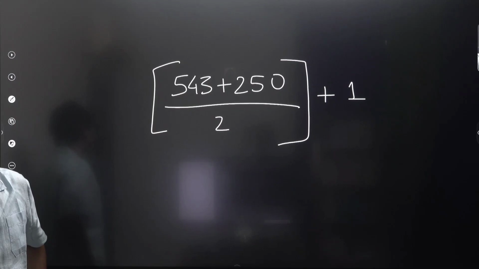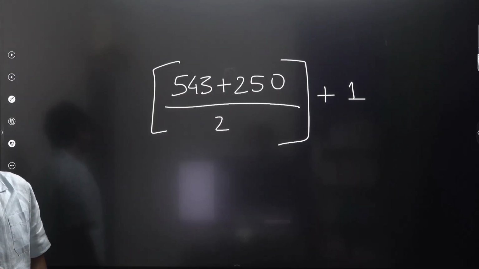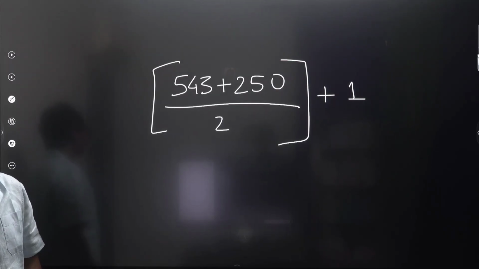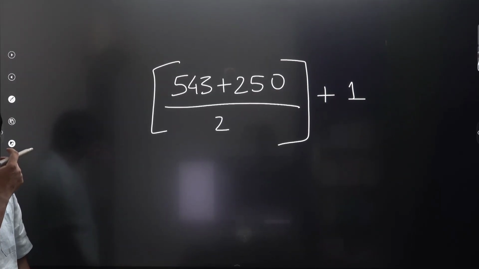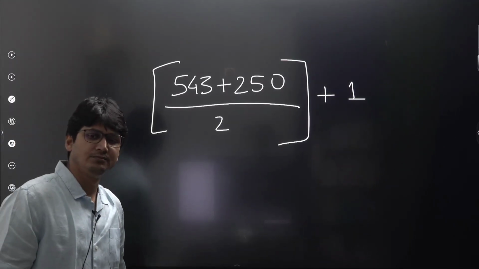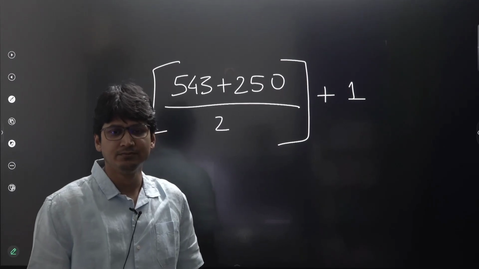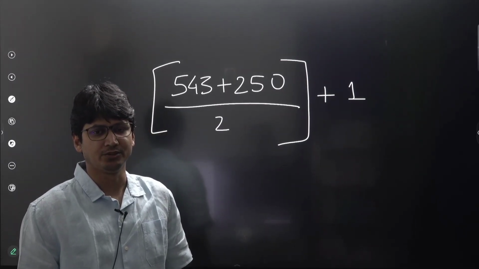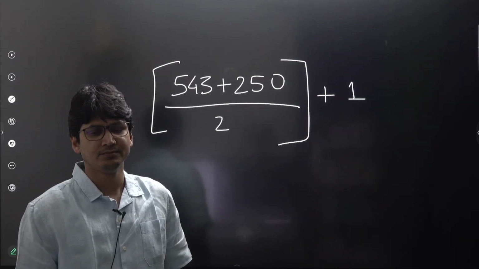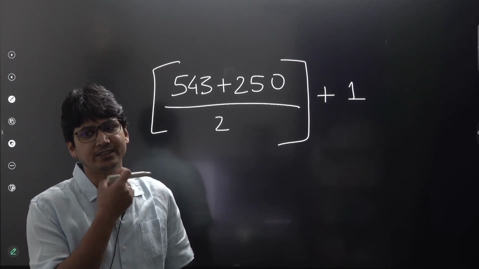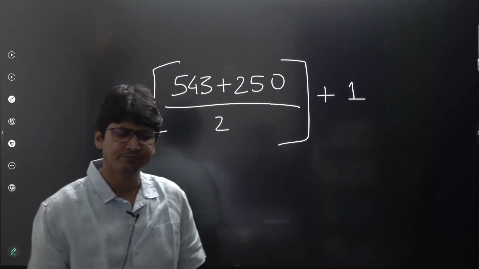How much? Calculate करो. 396. Sure? 543, 250. How much? 743, 793, 397. ठीक है, somewhere around.